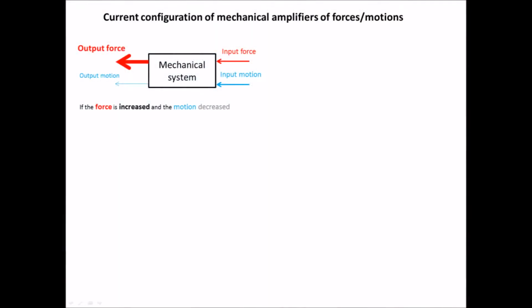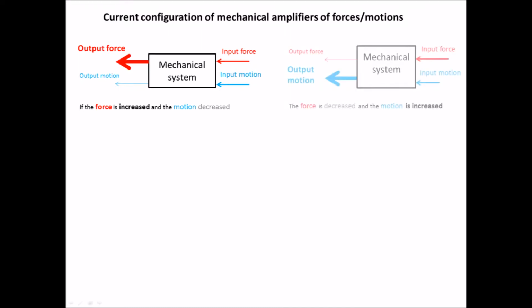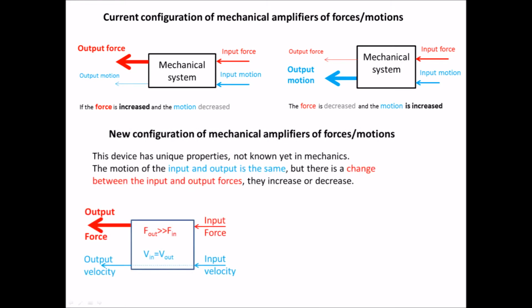Here we will show you the difference between the current configurations of mechanical amplifiers and our new concept of a mechanical transistor. On the left, you see an example of an amplifier that reduces the motion in order to gain force. On the right, the amplifier reduces the force in order to gain velocity. This new device has unique properties not known yet in mechanics.